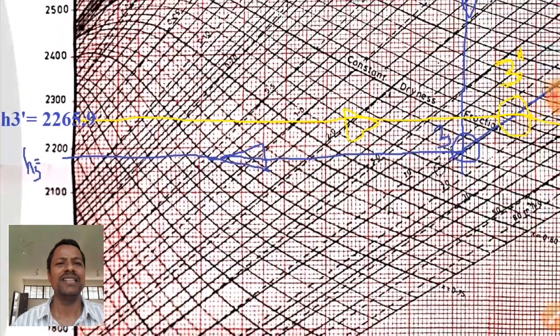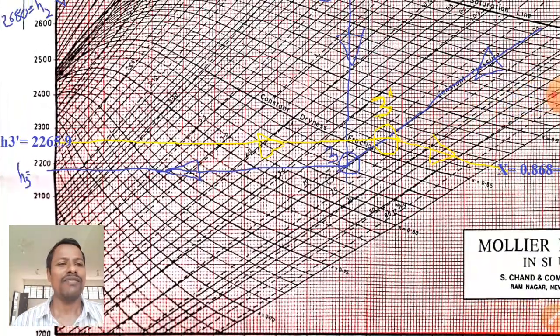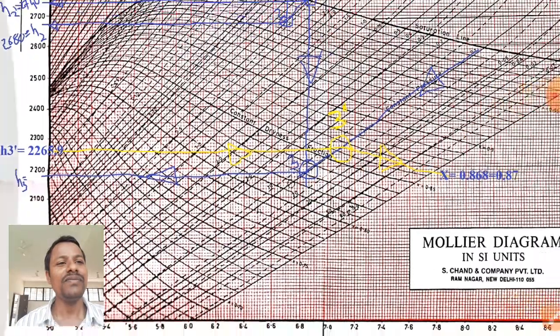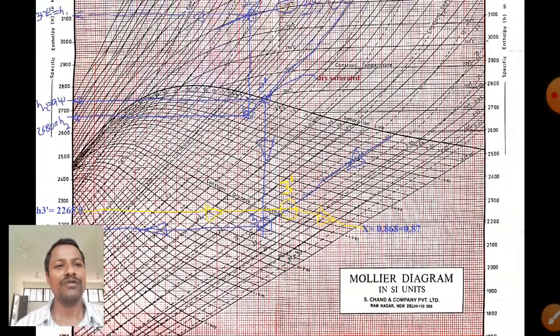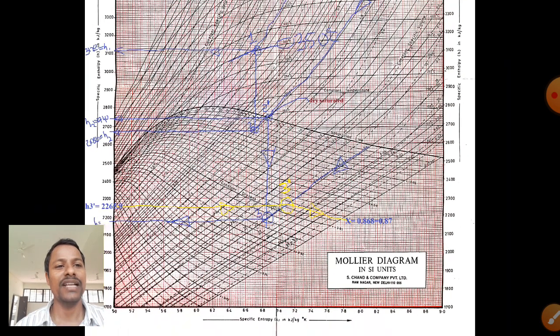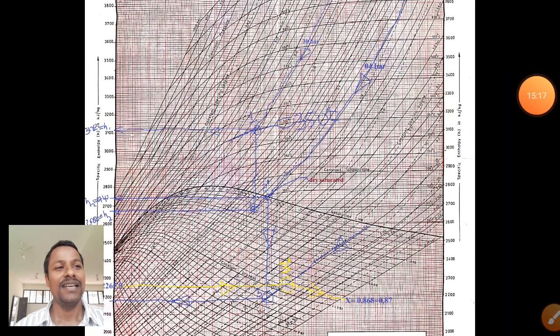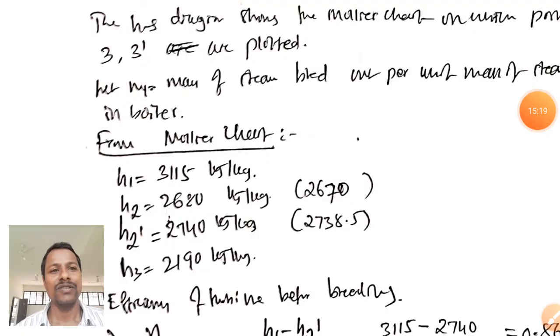So now, after obtaining the enthalpy at state 3, we can use these values H1, H2, H2 dash and H3 for our further calculations. These are the values approximately which are meeting on the chart.